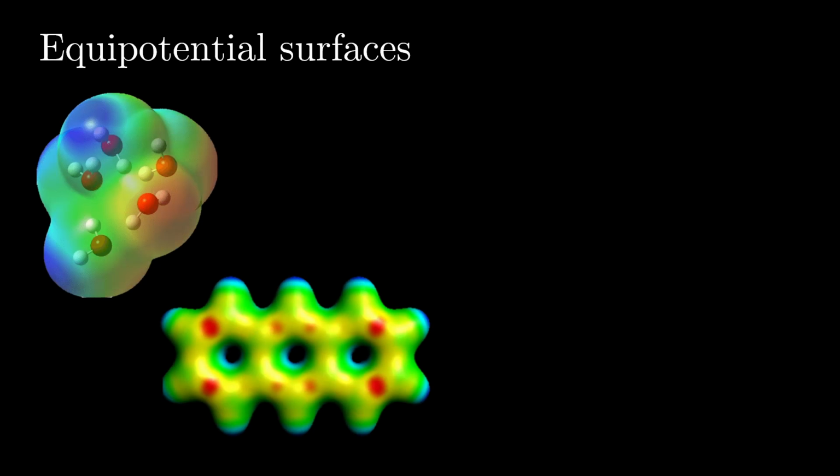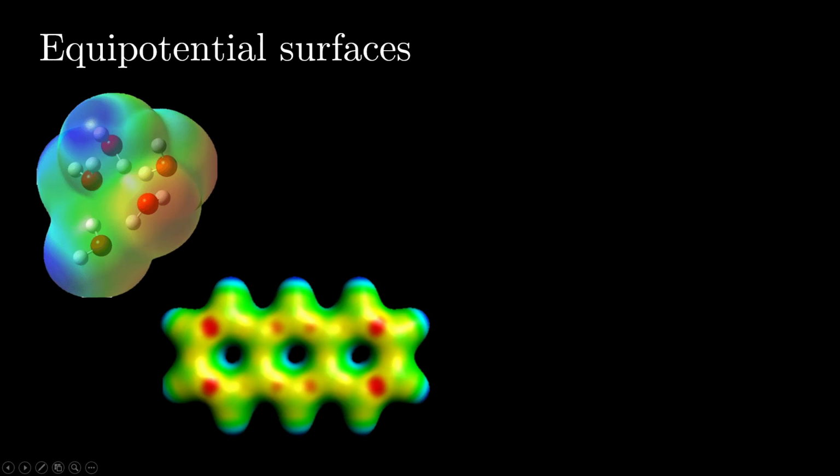Well, they can also be useful to draw equipotential surfaces. Equipotential surfaces are simply surfaces that have a single, uniform value of a certain potential.